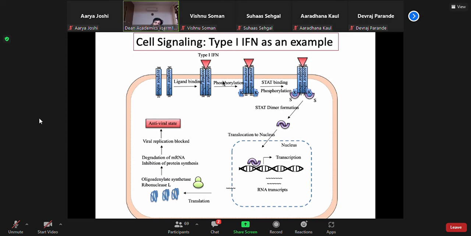By the dimerization of these receptors in the membrane. And because of dimerization, this type 1 interferon can bind to these receptors more efficiently. This interaction of type 1 interferon with the receptor units induces phosphorylation of the amino acids which are present in the cytosolic tail of the receptor.